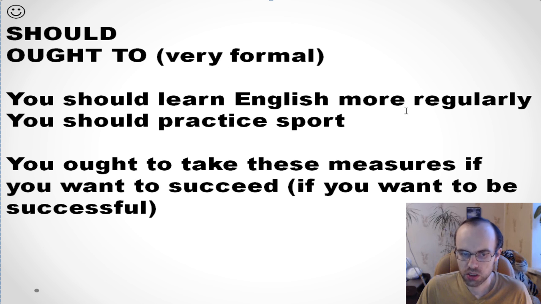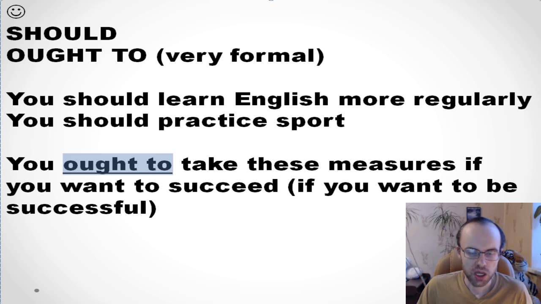It means it's a good idea for you to learn English more regularly. You should practice sport. Or you can use ought with to. You ought to take these measures if you want to succeed, or if you want to be successful. You see, ought to is more formal.